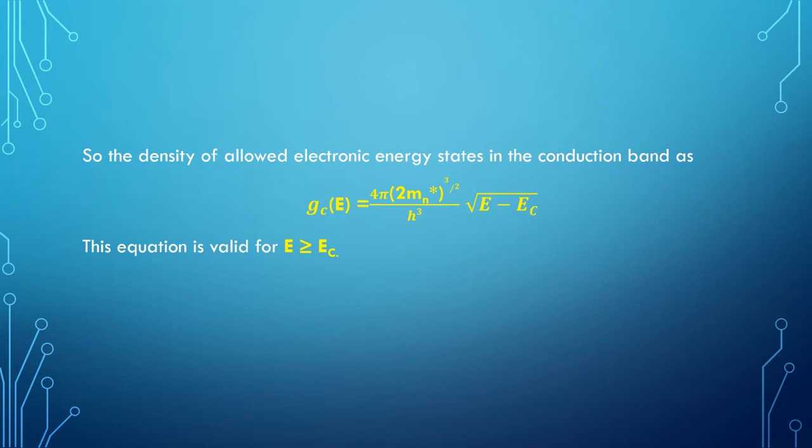That means as the energy of the electron in the conduction band decreases, the number of available quantum states also decreases. So this is the allowed electronic energy state, which is called the density of states in the conduction band.